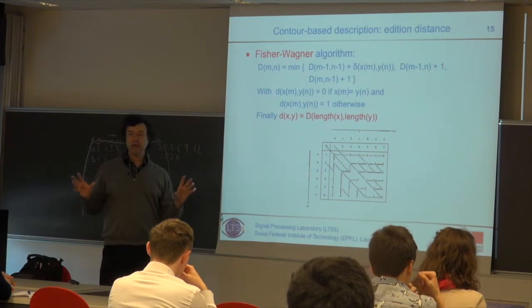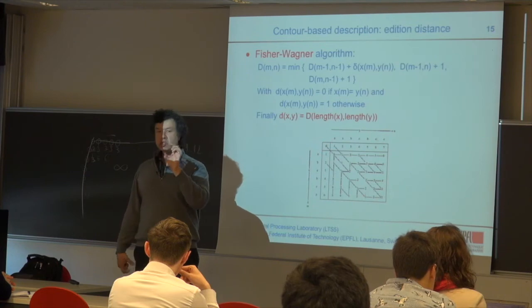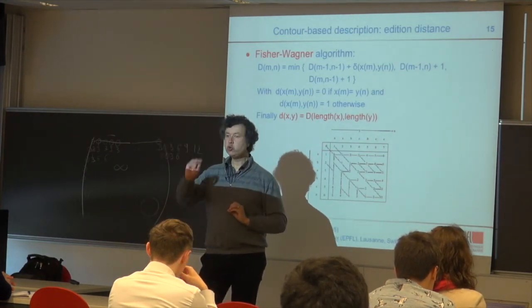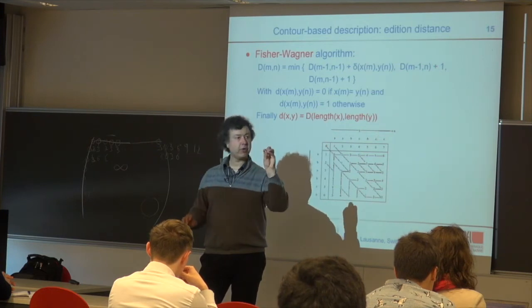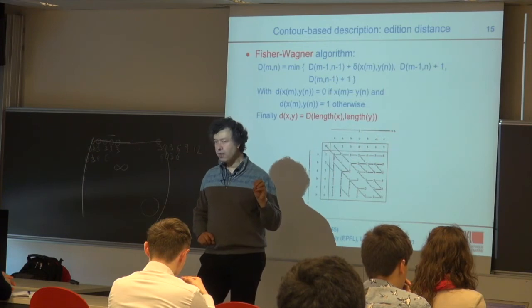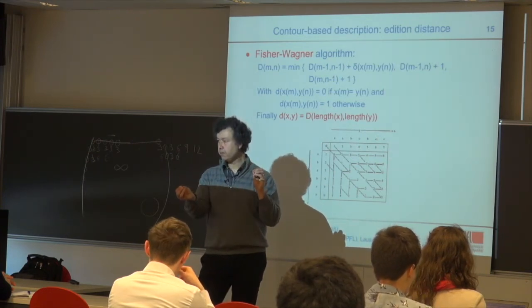The idea of the Wagner-Fischer algorithm is to say the number of operations to convert a very small chain to a very small chain is simple to calculate, simpler than the number of operations to a bigger chain.